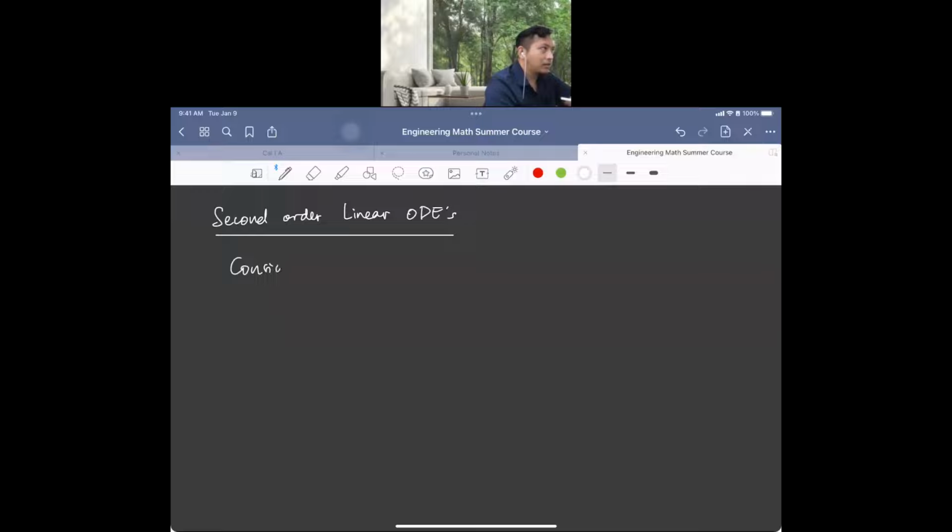Okay, consider the general form as our second order linear equation. Okay. And sometimes we divide, multiplying with 1 over a of x to give you a much clearer y double prime here.